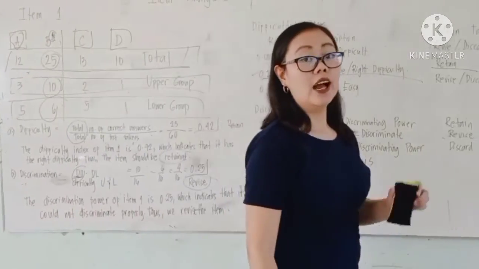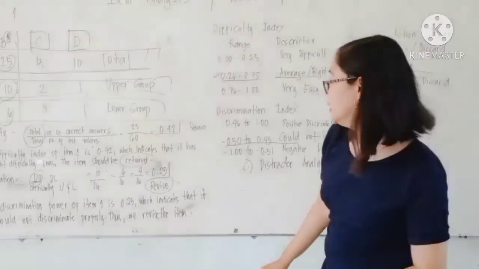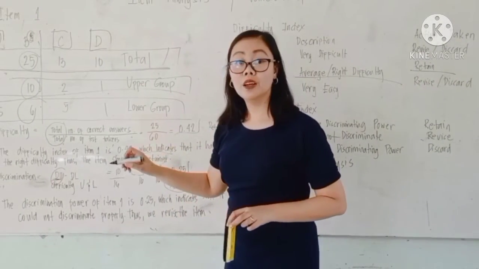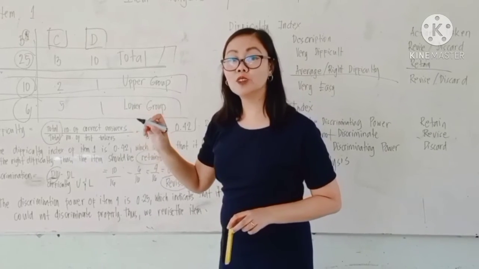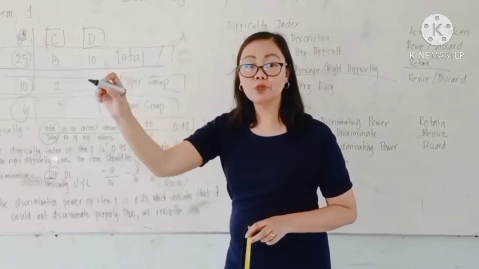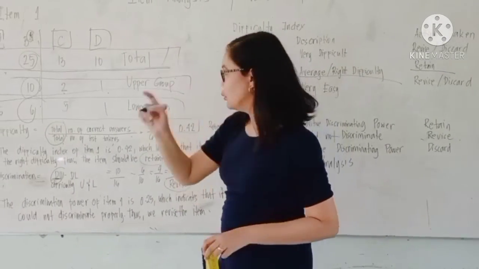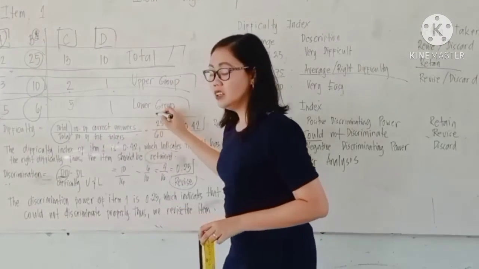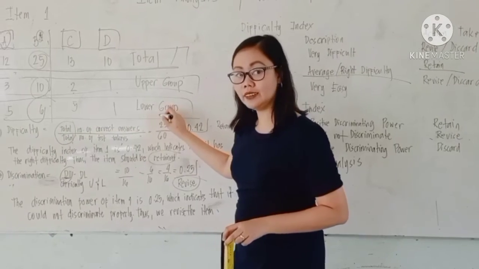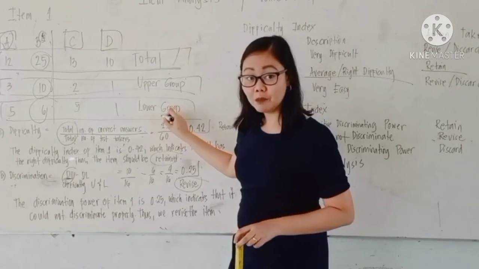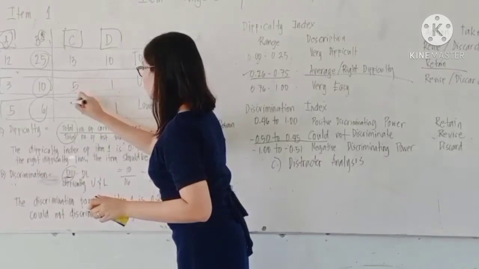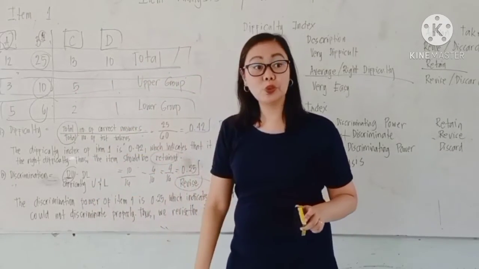Next. Another point of revising is if in the distractor, mas marami ang sumagot sa kanya sa upper group kesa sa lower group. For example, dito sa distractor C, 5 at 2, mas marami yung lower group. So we say that this is a good distractor. Pero halimbawa, ang nangyari ay ganito: kay upper group 5, kay lower group ay 2.